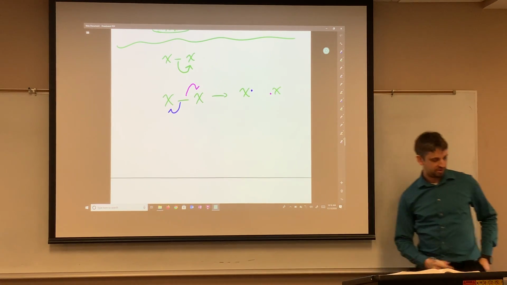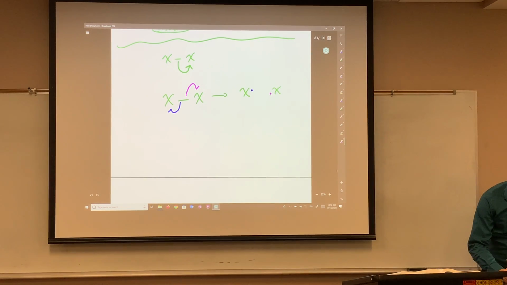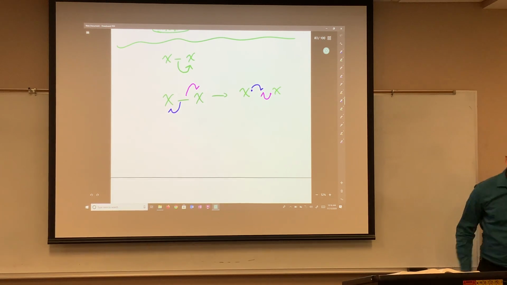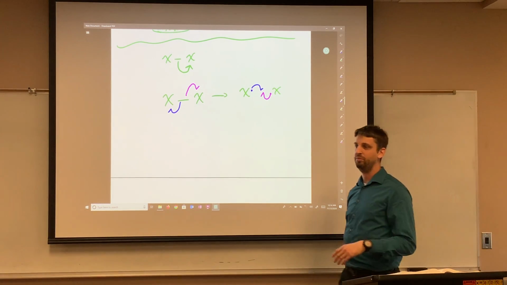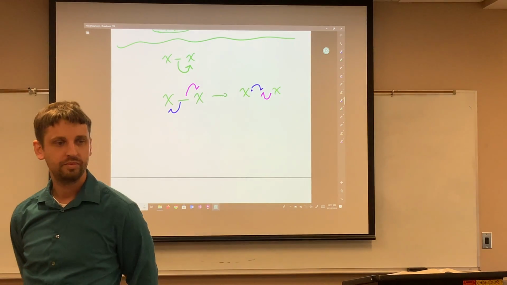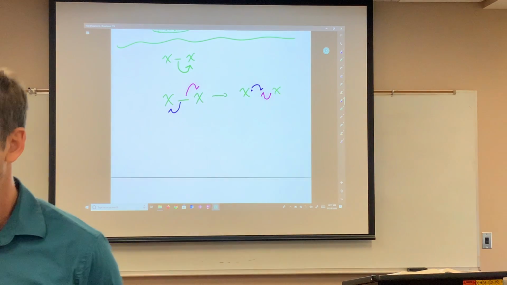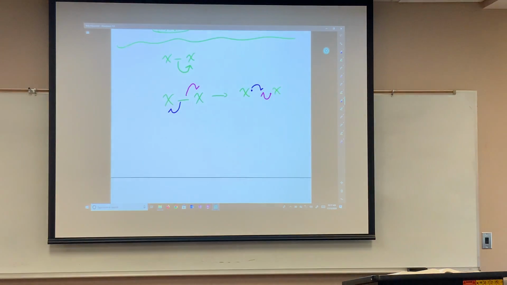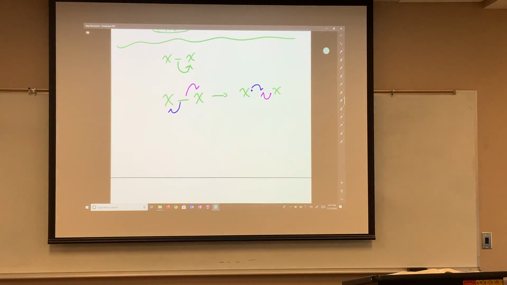So the arrows to do that, we're going to point from the electron to in between the two atoms. You guys with me on this?